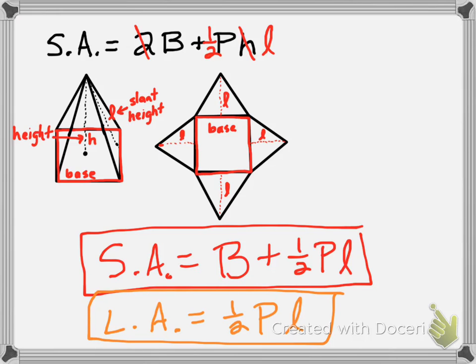So that's pretty simple. Again, if you did the work correctly, then you've probably already got this answer written down on your paper. You just need to be able to identify it. Okay, so this whole thing is surface area, and just the second piece is the lateral area.